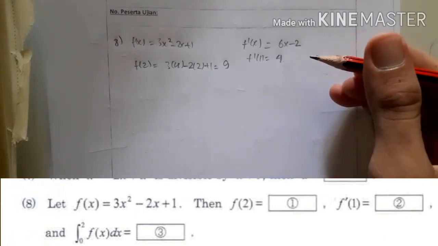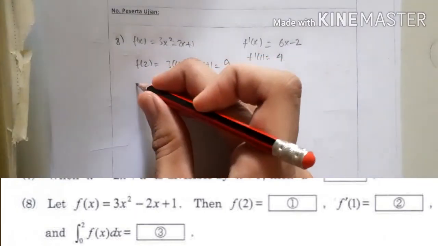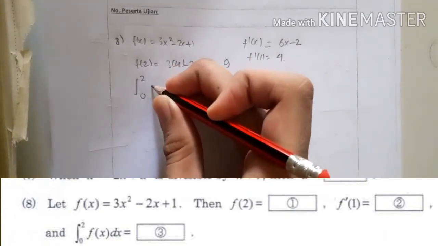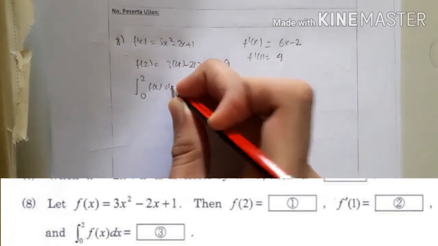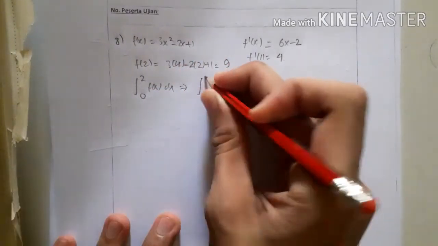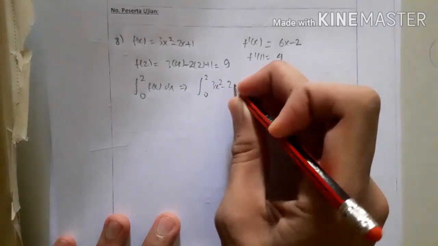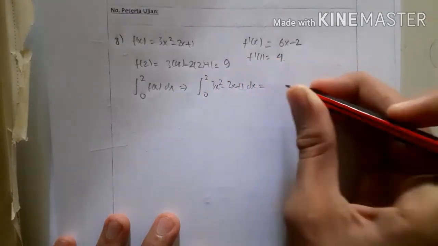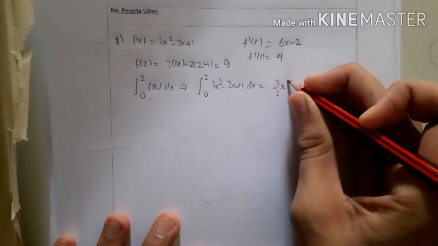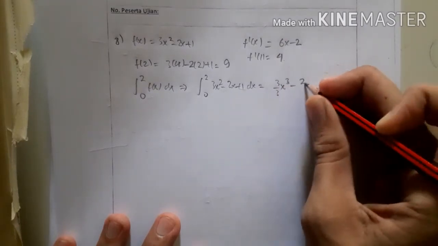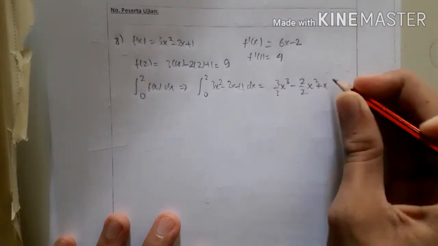And now we just have to integrate that. So the integral of f(x) dx with the limits of 0 to 2. We just have to integrate the function. This becomes 3 over 3 x to the power of 3 minus 2 over 2 x to the power of 2 plus x.